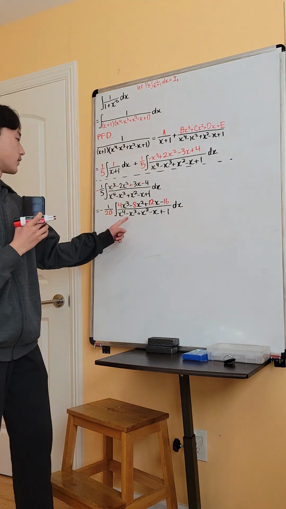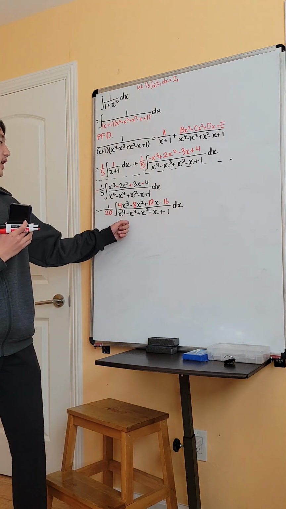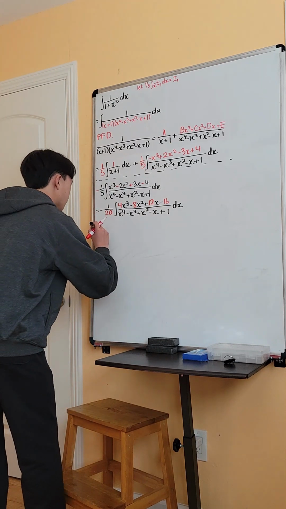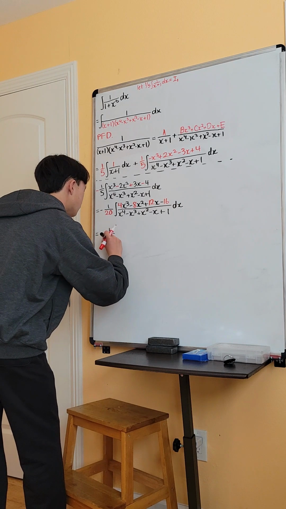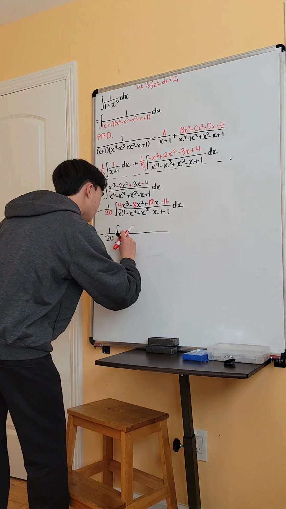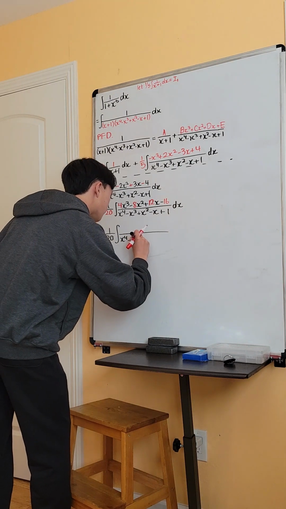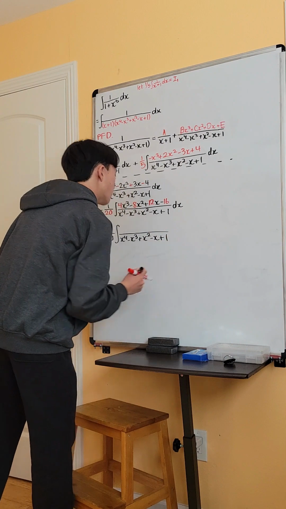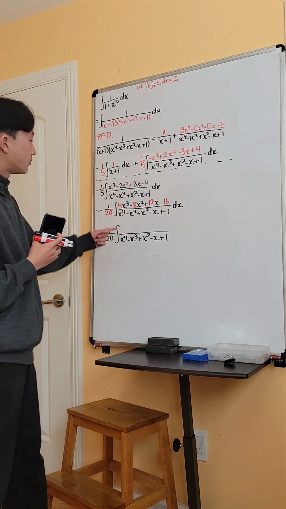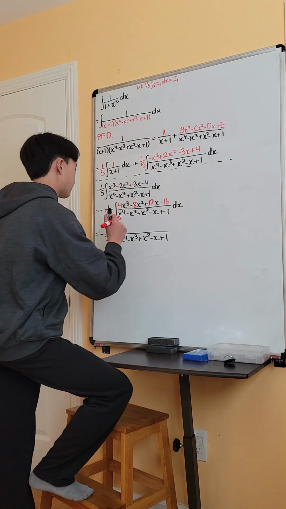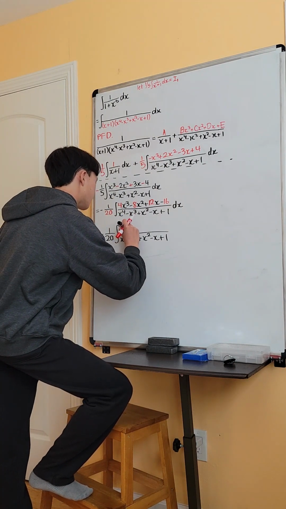Now in fact, we can keep doing this down here. So let's write this down in another row. The denominator will still be x to the 4th minus x cubed plus x squared minus x plus 1. But in the top, you can see that this is already the derivative of that, so we can just leave that there.